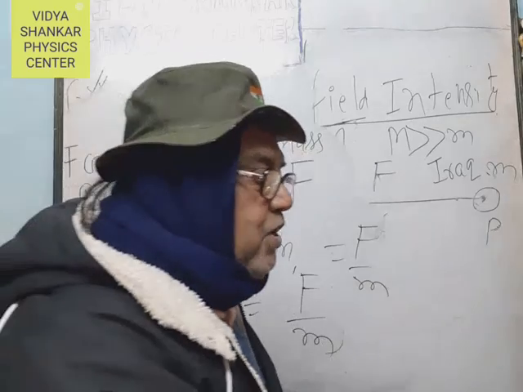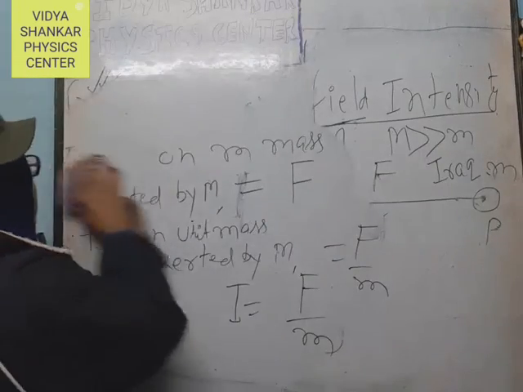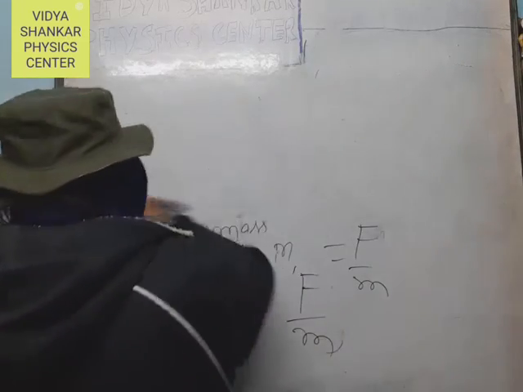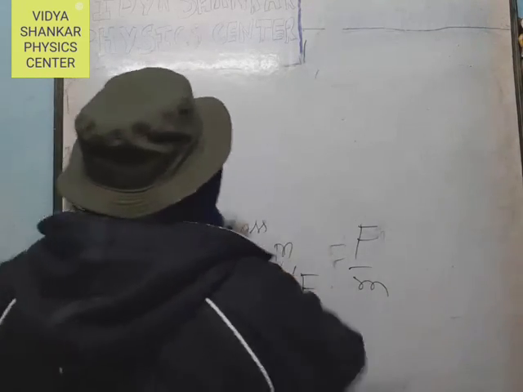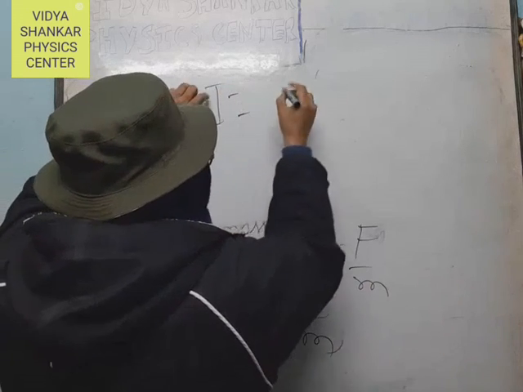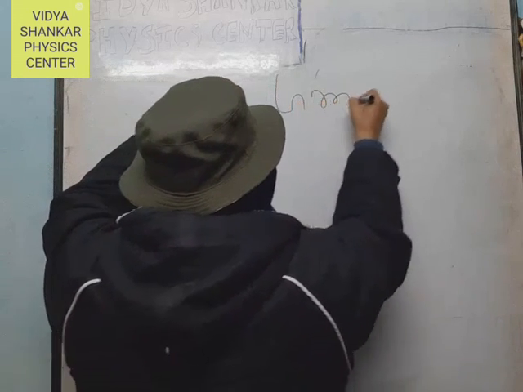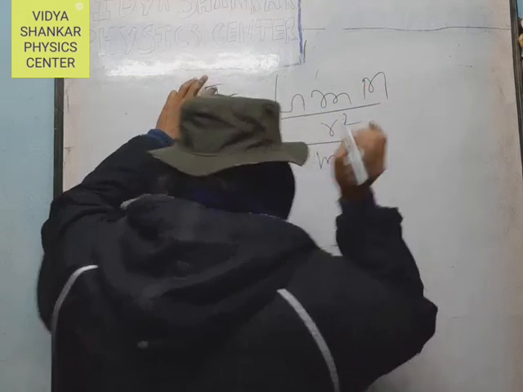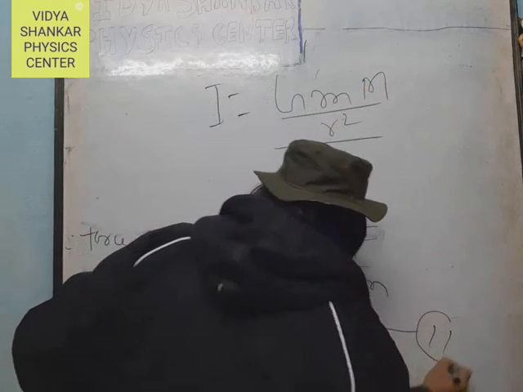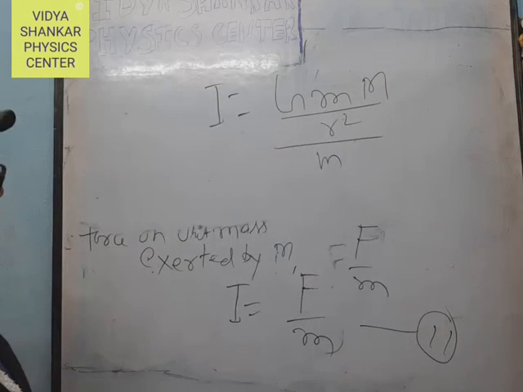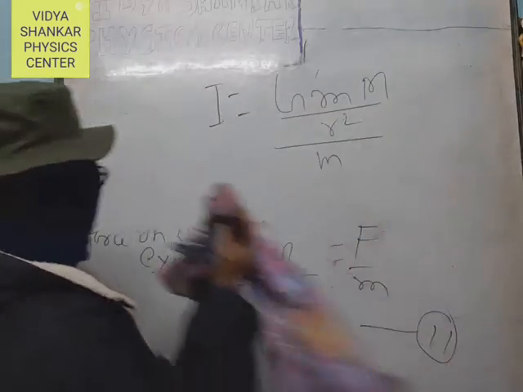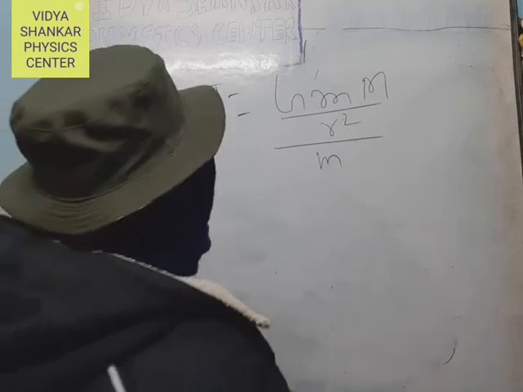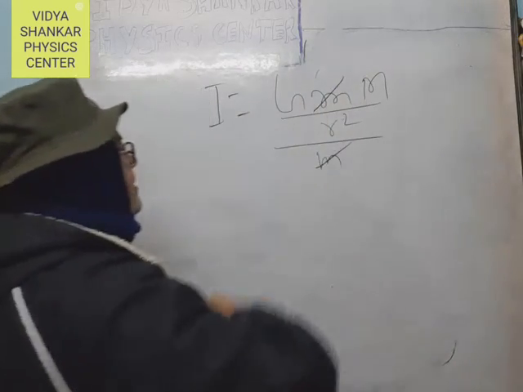Now putting the value of F: I equals G capital M small m upon r squared, upon small m. This is the second equation. Putting the value of F in the intensity of the gravitational field, m is cancelled.